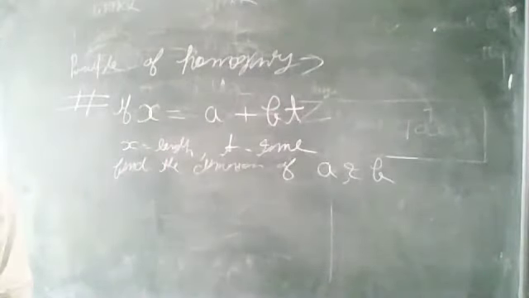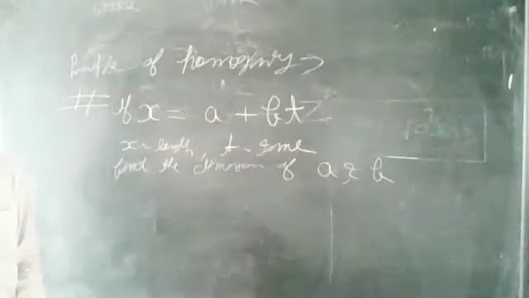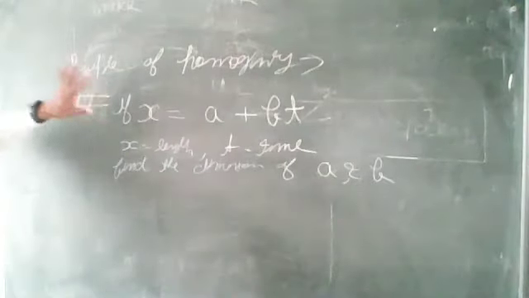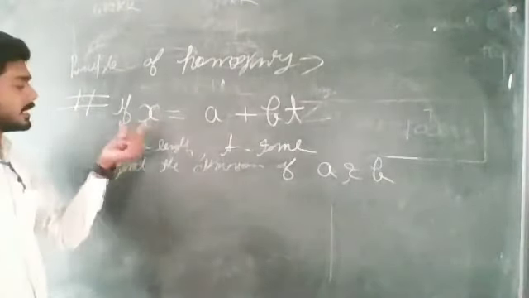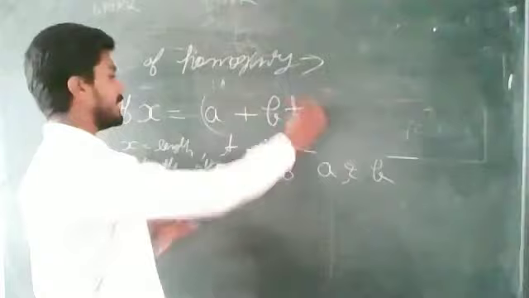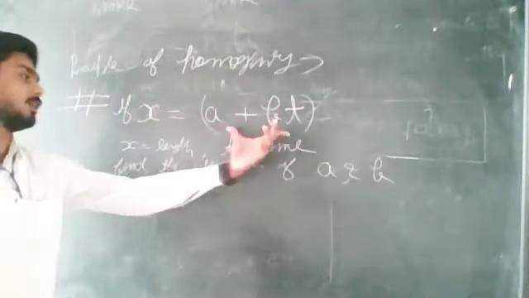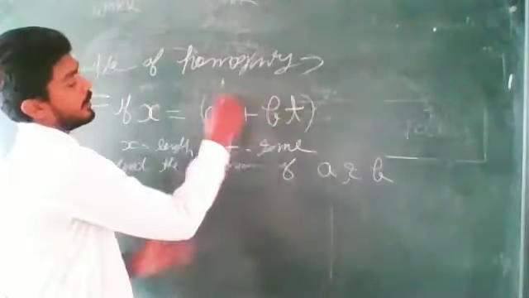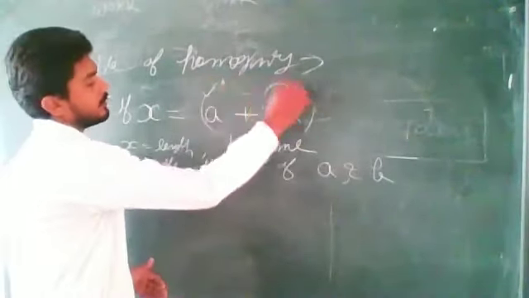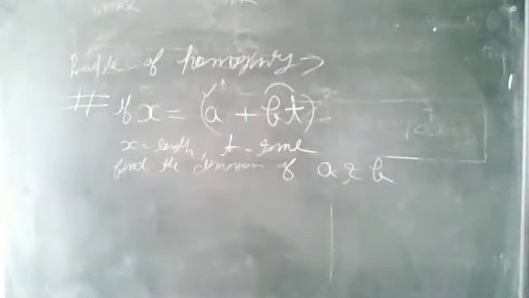This is the question, and first of all, you also try to solve it. As I told, if left hand side is the length, then complete right hand side will also be a length. If x is length, then this all value will be the length. And if these all are the length, then these two will also be a length.